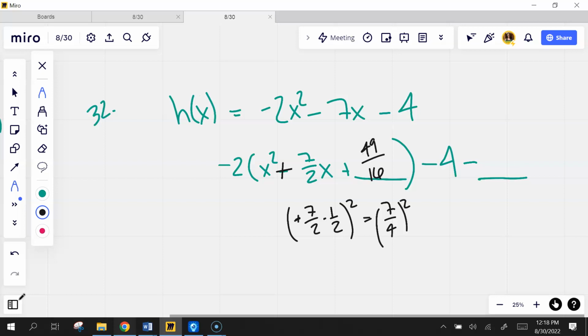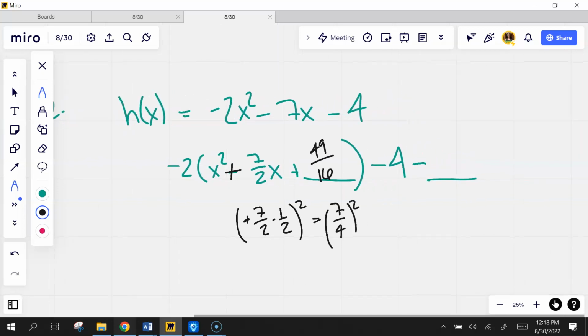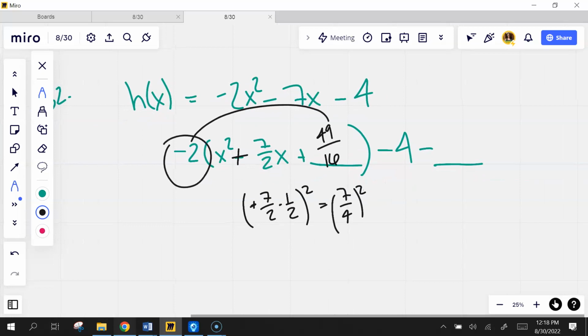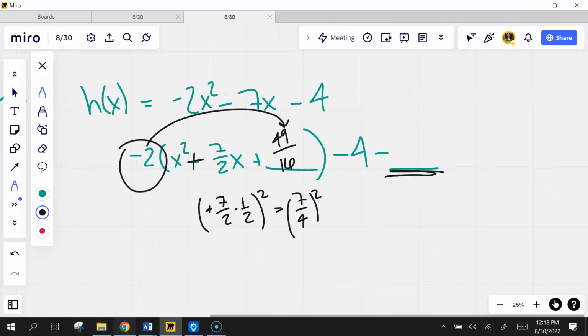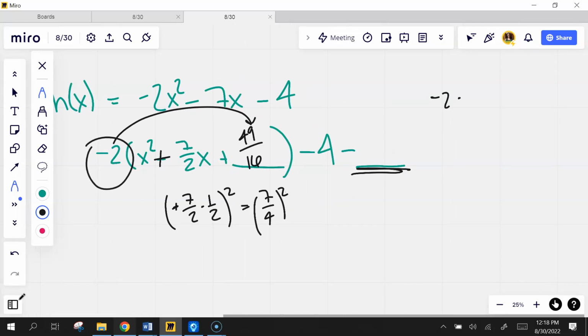Now, that gets added here, but I have to multiply this and this together and put it here. So -2 times 49/16. You can use your calculator for that, or you can simplify. So -49/8.